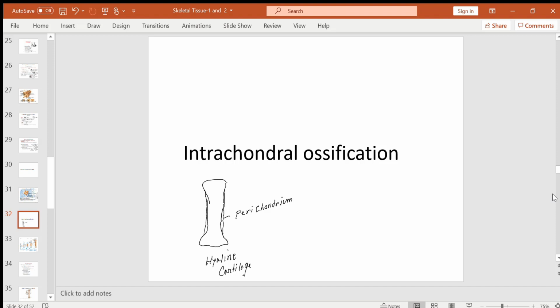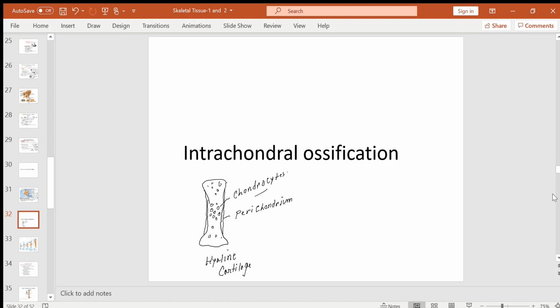And cartilage has the cells, those are called what? Chondrocytes, right? You know, chondro means cartilage, cyte means cells. So everywhere you have the chondrocytes.